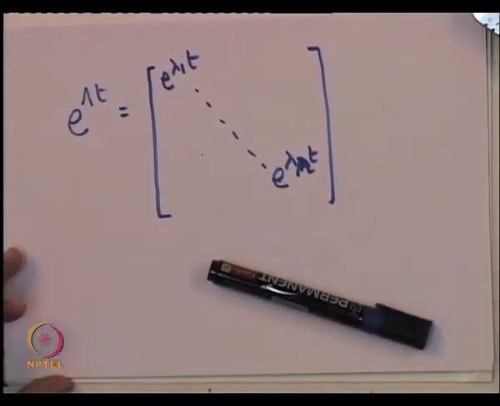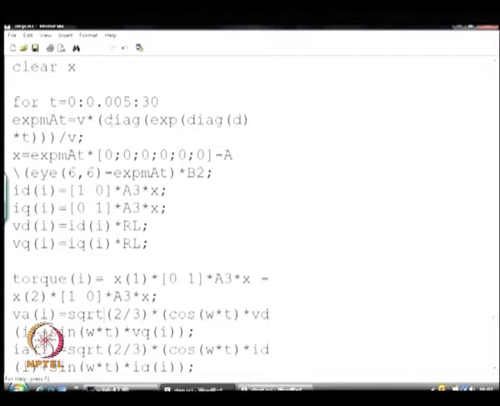In fact, it is, as we shall see in a few moments from now. So, if you look at the program, it actually evaluates this. It evaluates e raised to A t using this command. It has gone on to 2 lines just because we have increased the font size, so this statement is continued here.